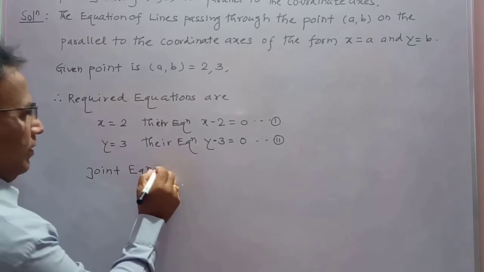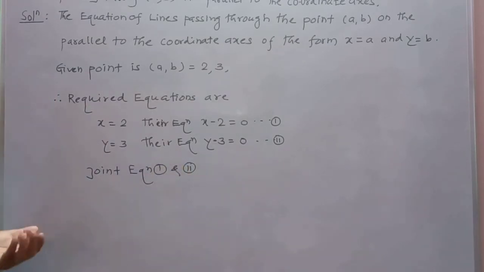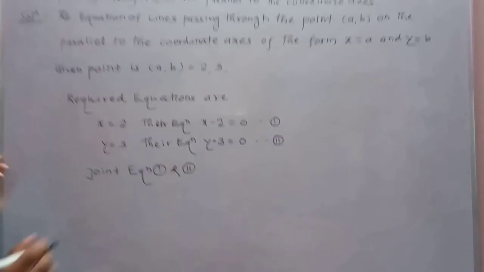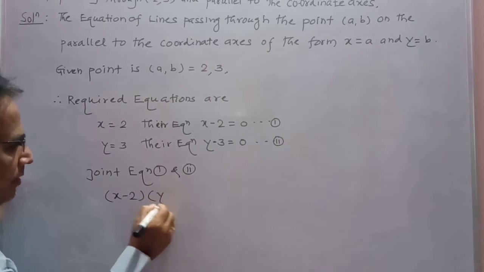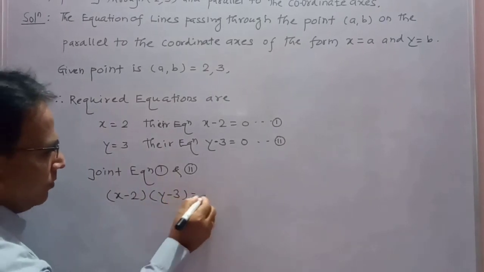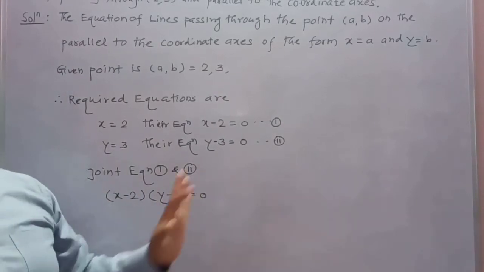Join the first and second equations. Therefore, first is x minus 2 and second is y minus 3 equal to 0. We multiply x minus 2 into y minus 3 equal to 0.